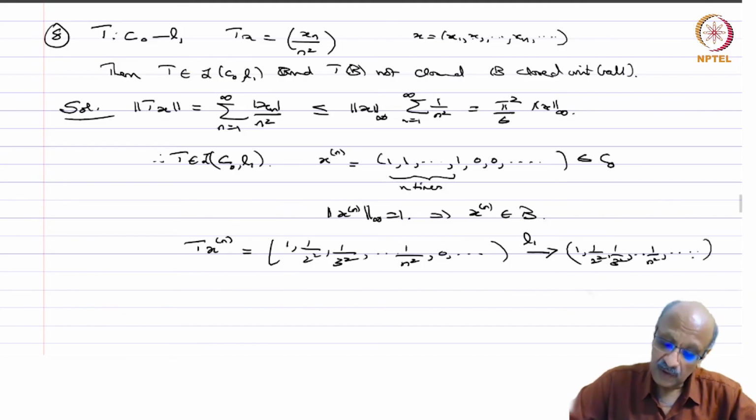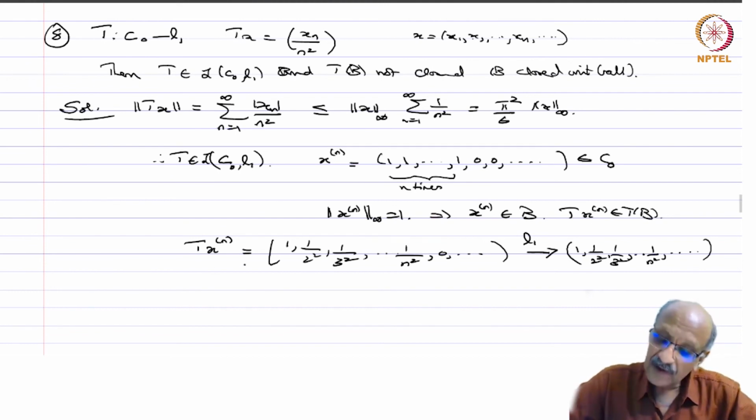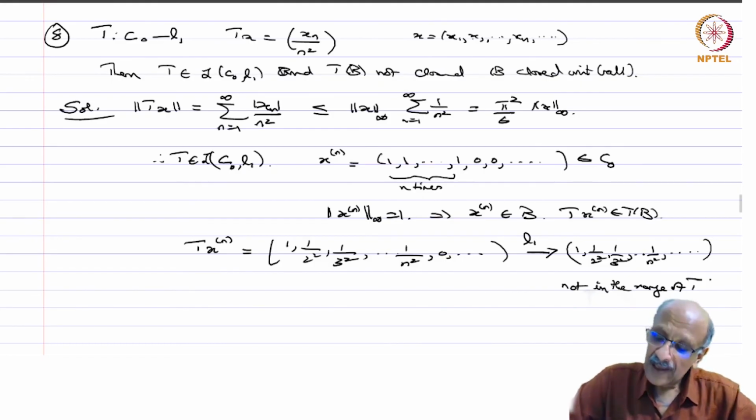So T of xn belongs to Tb and it converges to something in L1, but this is not in the range, because if it has to be in the range of T, there is only one particular candidate, namely 1, 1, 1, 1, 1 up to infinity, and that is not an element of C0. So this vector is not in the range of T, therefore Tb is not closed.